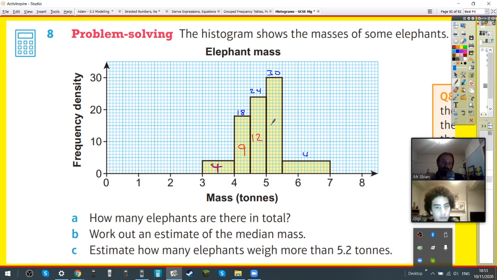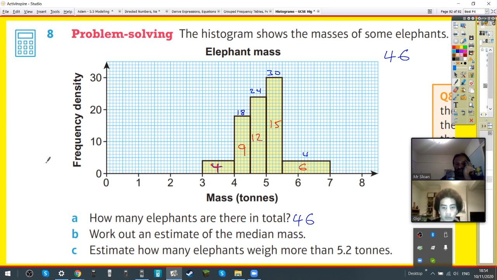Plus 15 would be 40, plus 6. So it'd be 46. Okay. B.